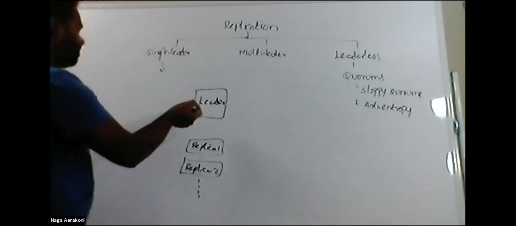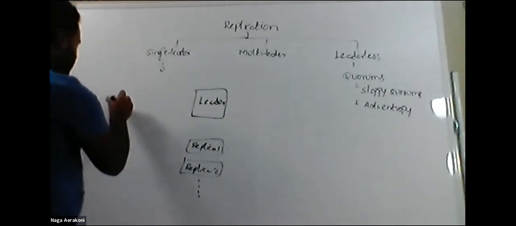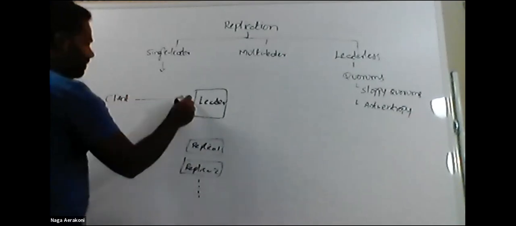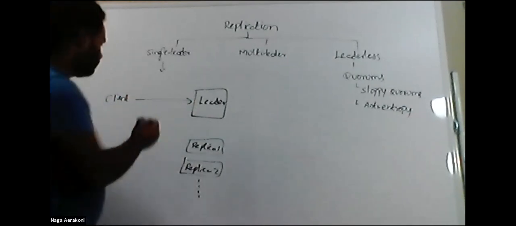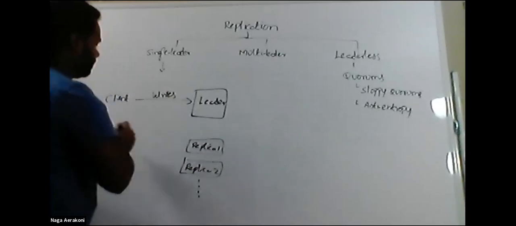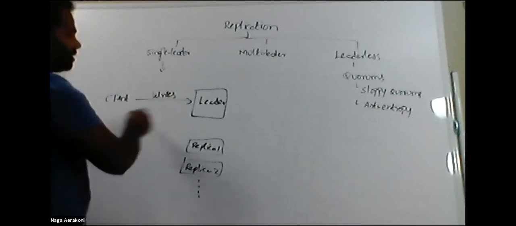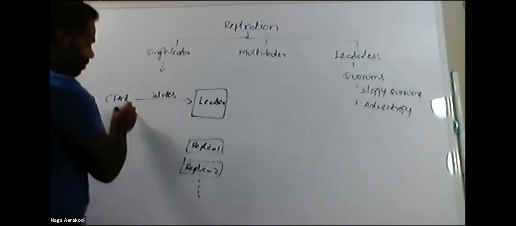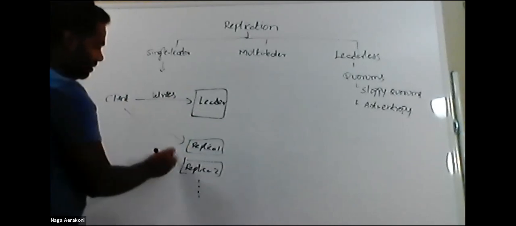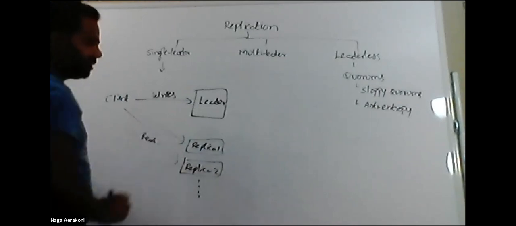The concept of the leader is that when the client is making requests, all the writes will only go to the leader. But if the client wants to read any data, it can still go to the leader, or it can go to any of the replicas. We can make read requests to any of the replicas.